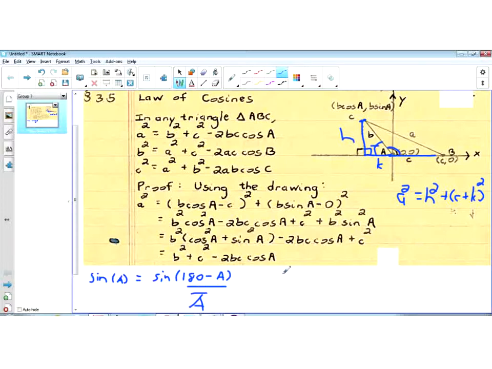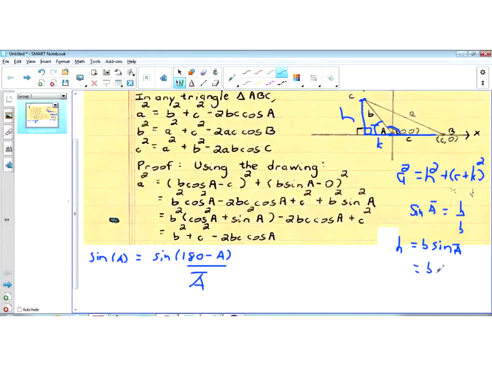that's A bar. The sine of A bar, the reference angle, is equal to opposite over hypotenuse, which is H over B. So H is equal to B times the sine of the reference angle for angle A. But the sine of the reference angle is just equal to the sine of angle A, because we're in quadrant 2.